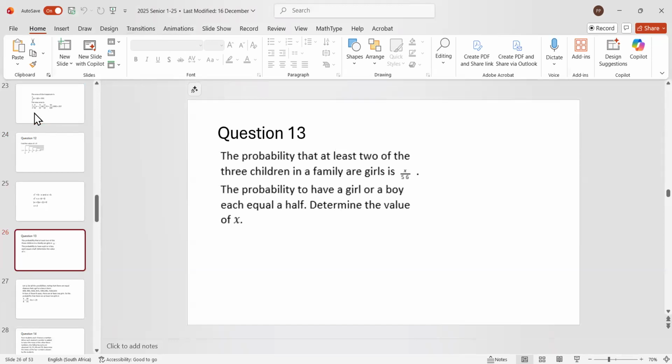If you look at all the possibilities, we'll start here. If there are no girls, that means all three children are boys.